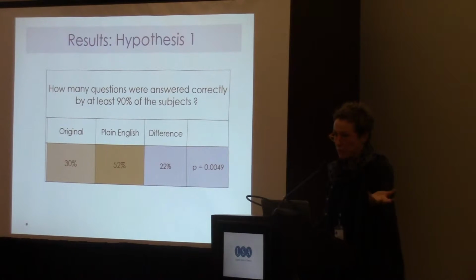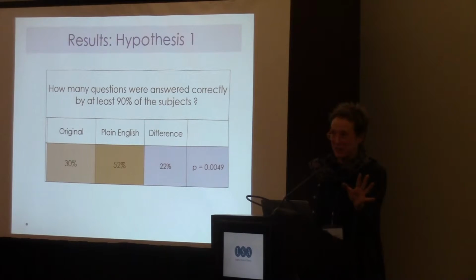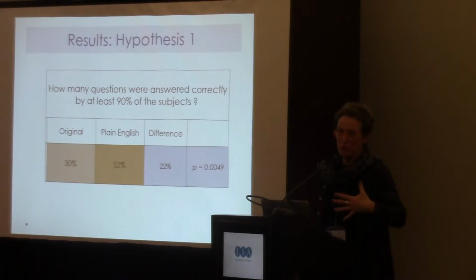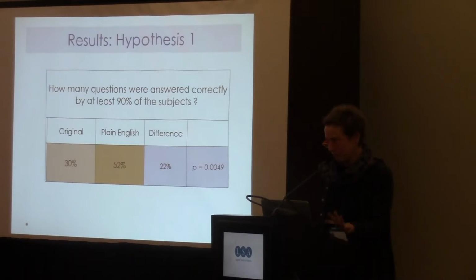Only 30% were understood by 90% of the subjects when they were the current instructions, and we got them to increase to 52%. Still not very good, but better. In fact, so much better that the p is less than 0.0049. So all of this is what you put in a talk for people in your own field who know what p-values are and so forth, okay?